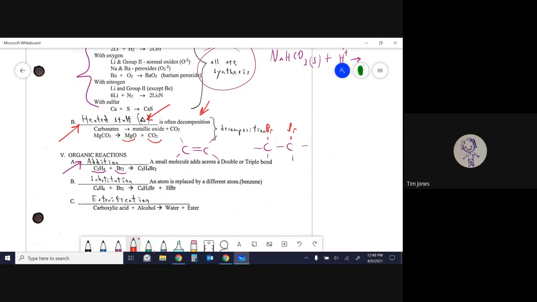Substitution, instead of just adding something, now we're actually going to take something away and substitute. And a very common example of this would be benzene, C6H6, and I'm adding bromine. But in this case, instead of the bromine simply attaching, a bromine from Br2 is going to switch with a hydrogen from the benzene. So if I draw a benzene molecule, carbon, carbon, carbon, carbon, carbon, lots of them.